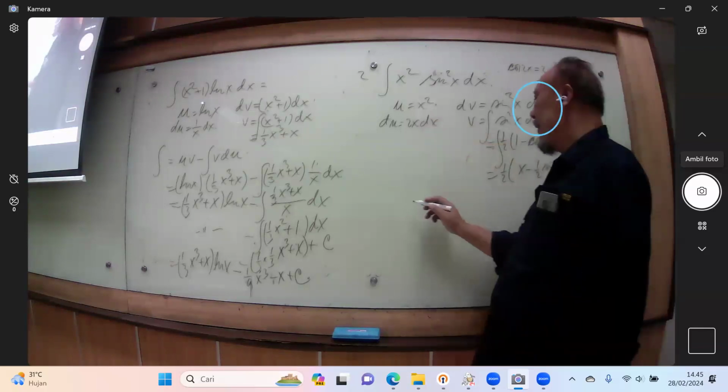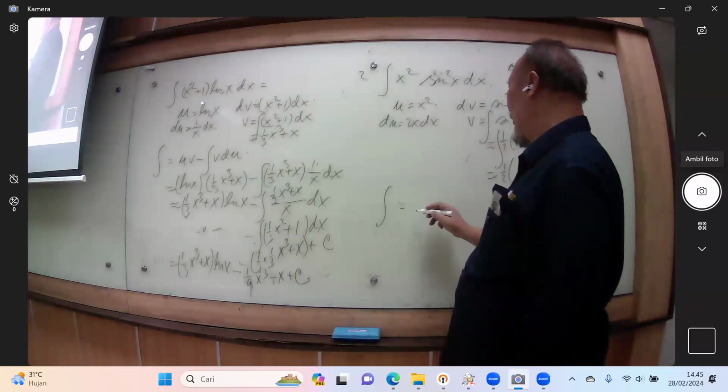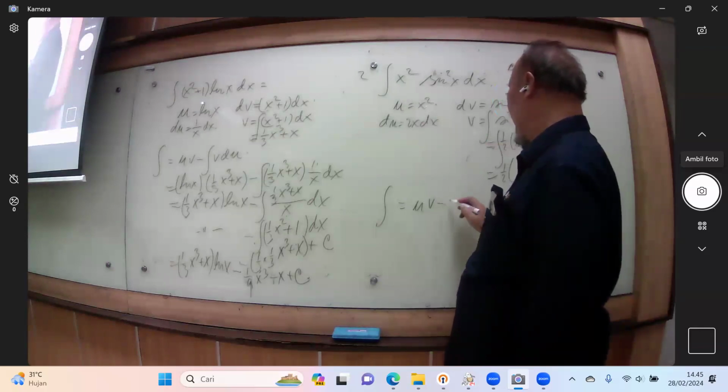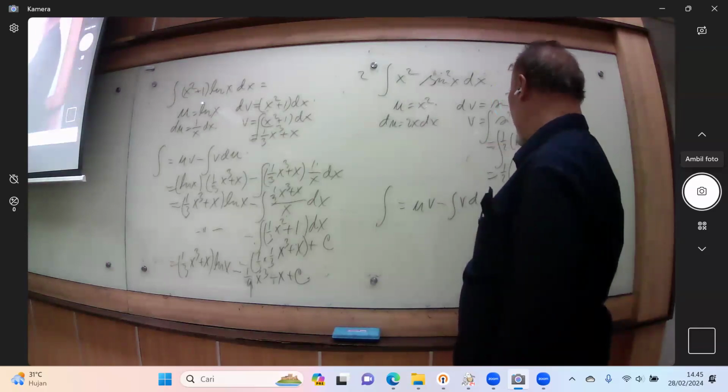So the integral now is uv minus integral v du.